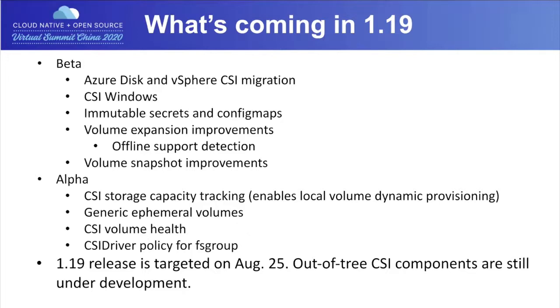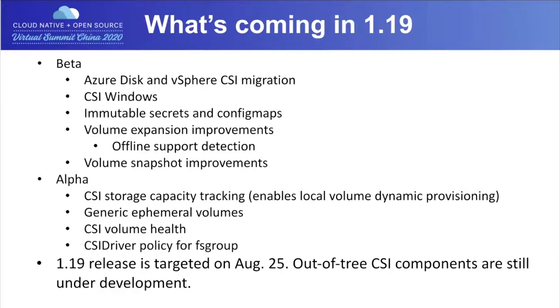So graduating to beta are the Azure Disk and vSphere CSI migration features. So these are just additional cloud provider implementations for the overall CSI migration feature, and will allow the core Kubernetes APIs to be supported by CSI backends.